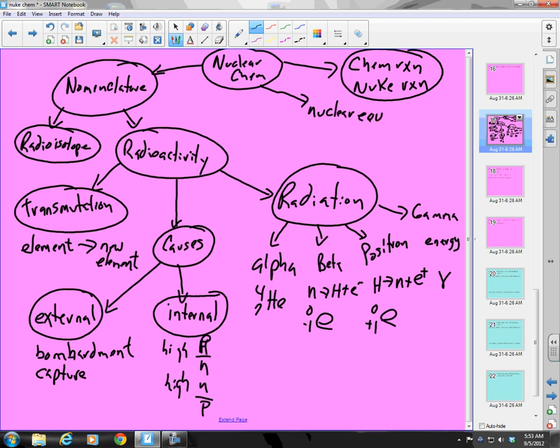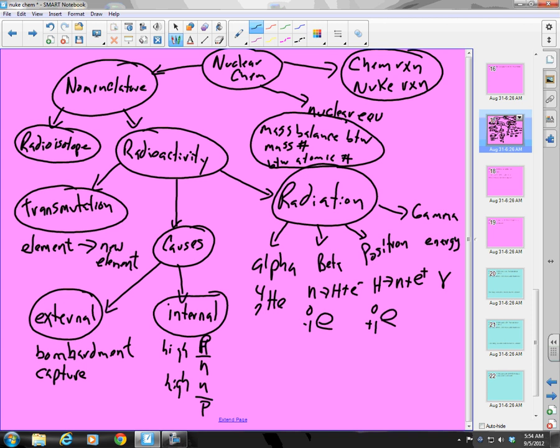Nuclear equations, and that's where there's a mass balance between my mass numbers, right, and between my atomic numbers. So whenever I write a nuclear equation, I have to have my mass numbers equal. The reactant side has to equal the product side, and my atomic numbers have to equal each other.